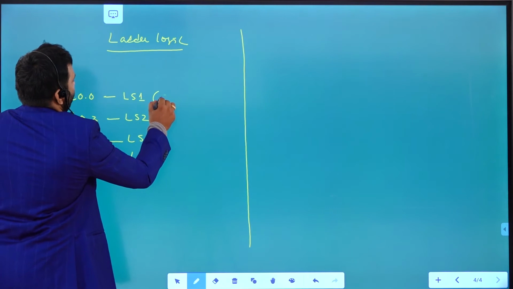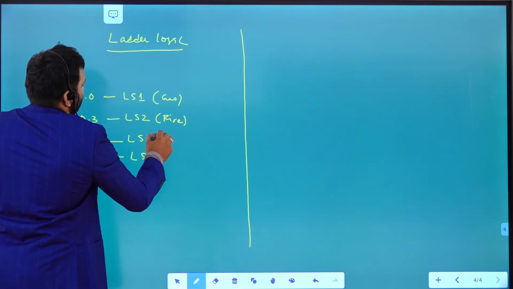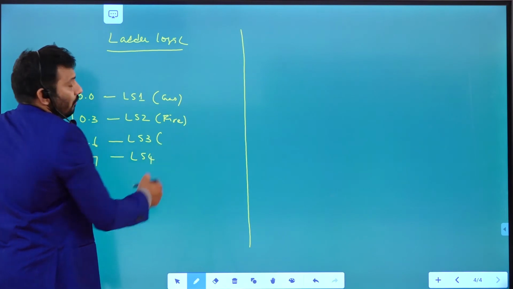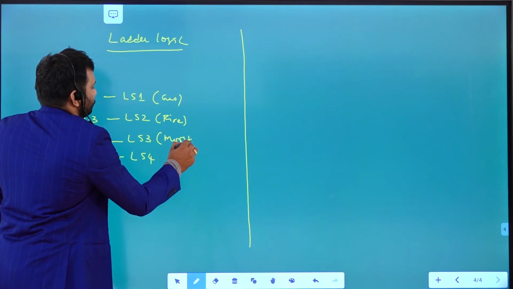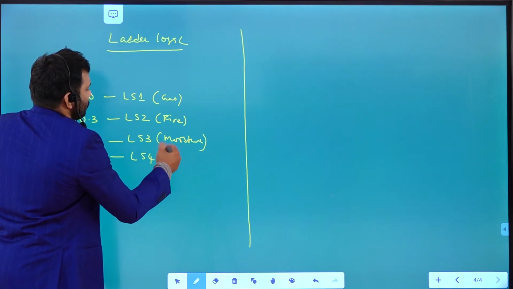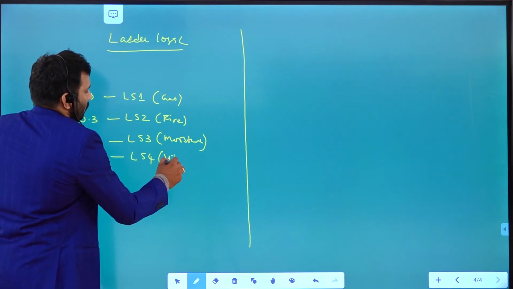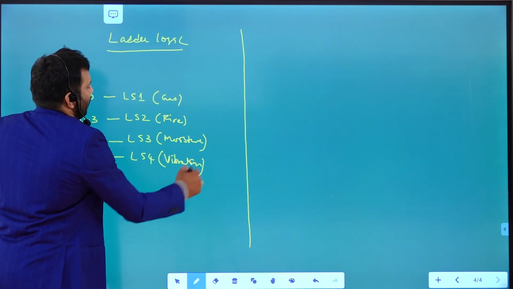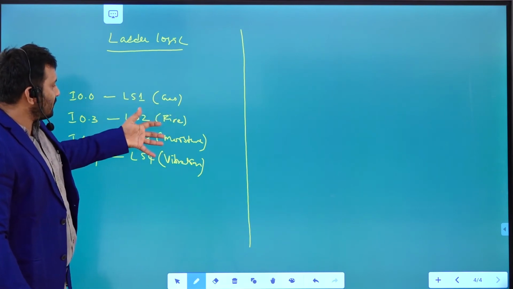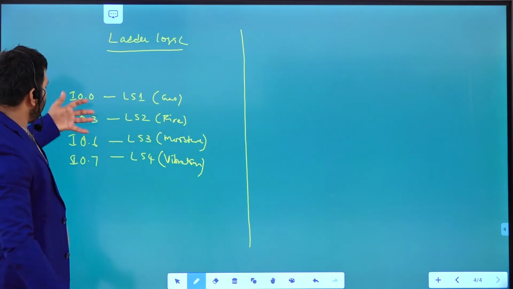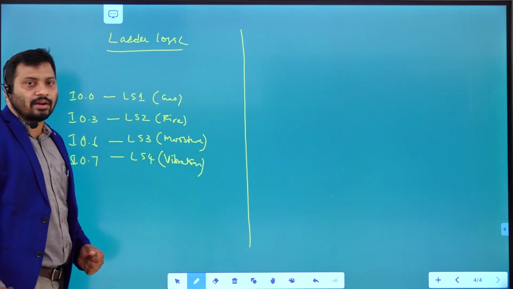This is giving the value of gas, this is giving the fire, this is going to give the value of moisture, and this one is going to give the value of the vibration parameter, right. So whether it's below the set value or above the set value: below set value, these are all going to be zeros. Above set value, correspondingly these values are going to get high, right.